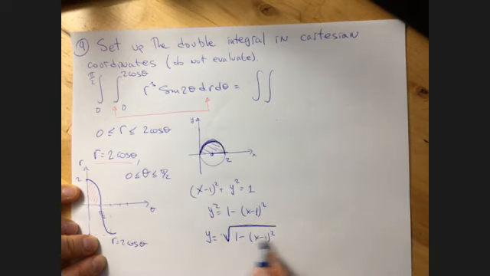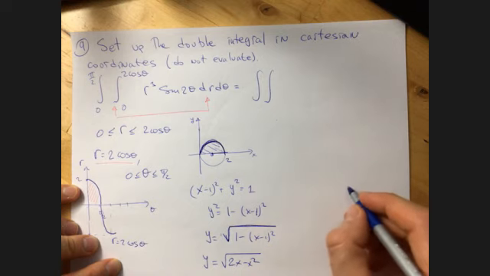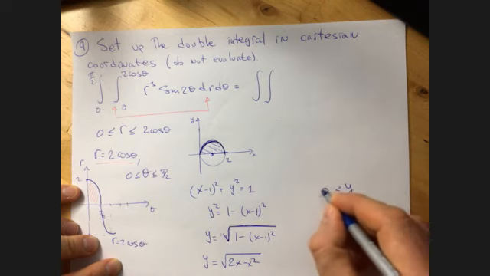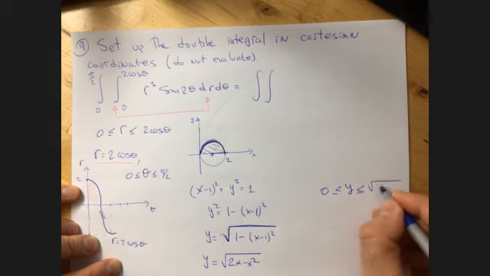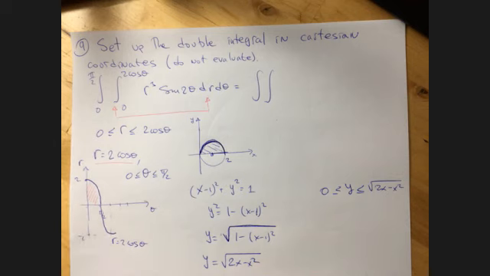If you drop the parentheses, within the root you get that y is equal to square root of 2x minus x squared. Okay, so the bound of y is between 0 and square root of 2x minus x squared.